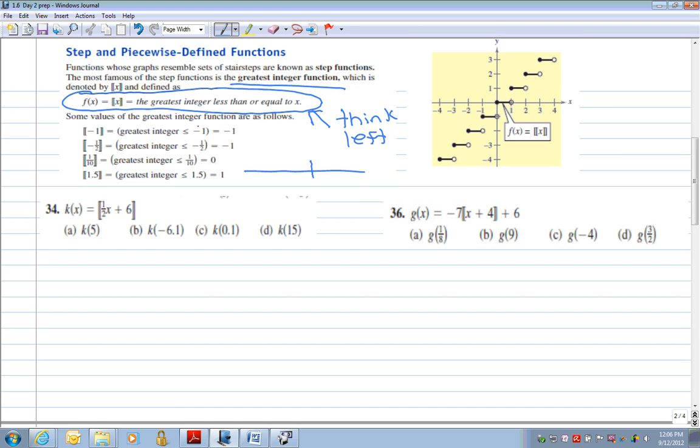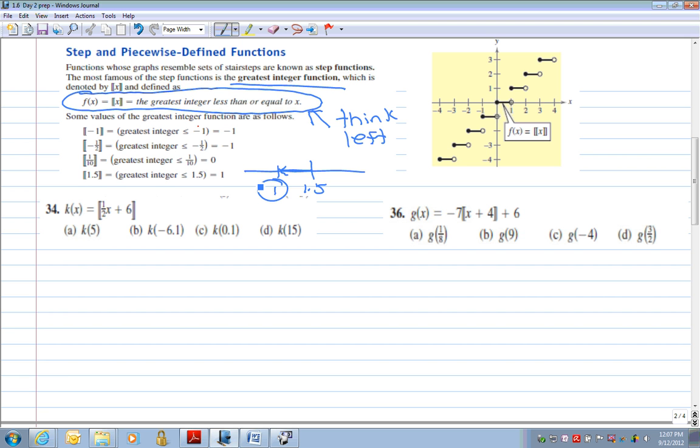So again, I'm on a number line and I'm at 1.5. If I think left, 1 would be my integer less than that. So if it's a whole number or an integer already, then that would be your answer. But if it's a fractional part of anything, you've got to go to the left, to the next closest integer to the left.